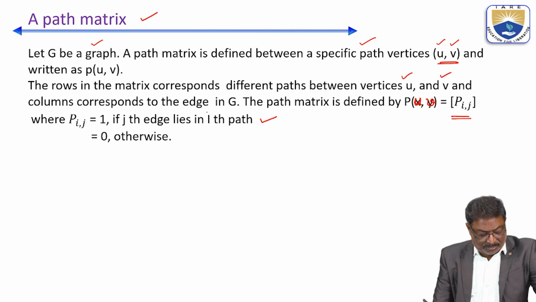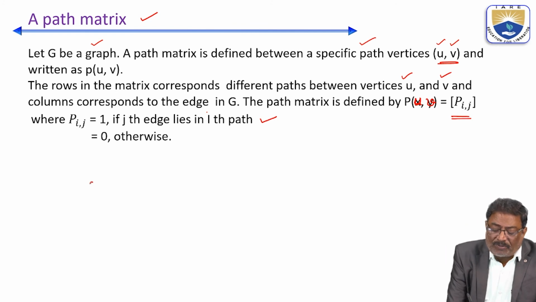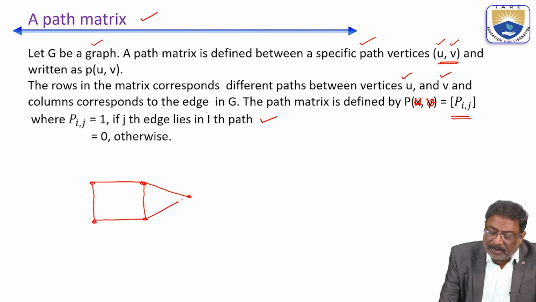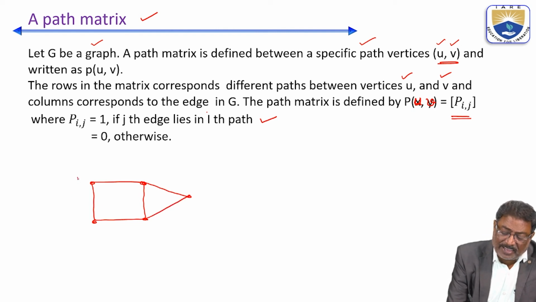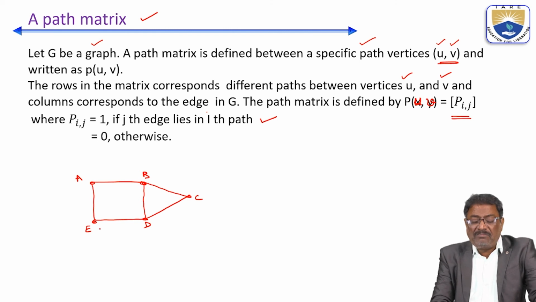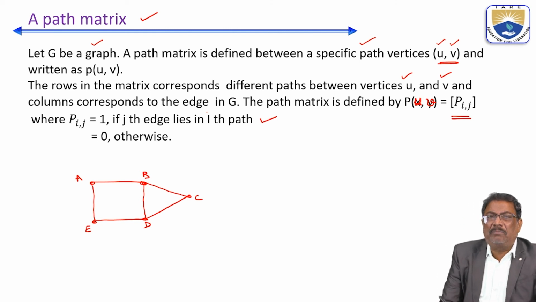Let us consider one graph. Let us say the graph is like this. Then the vertices, let us say I am just considering A, B, C, D, E. Then I am just considering some edges.